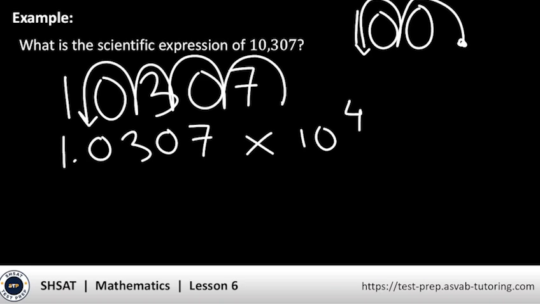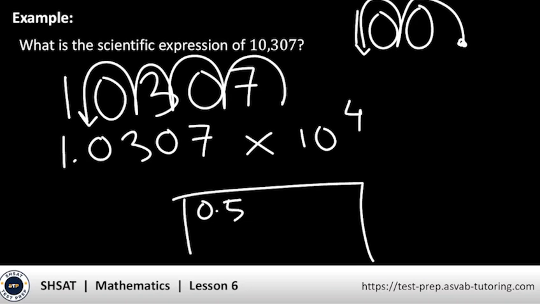However, had it been the other way around, let's say if it were 0.5, of course we need to put the decimal 1 unit to the right, because the decimal is always right next to the first digit. So that's 5 times 10 to the power negative 1. Why negative? Because moving it to the right gives me a negative power.